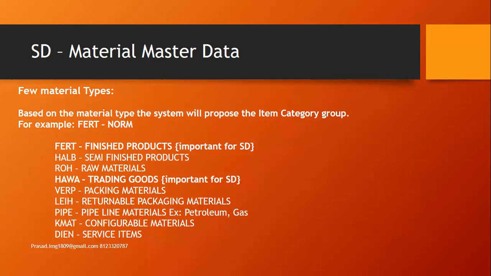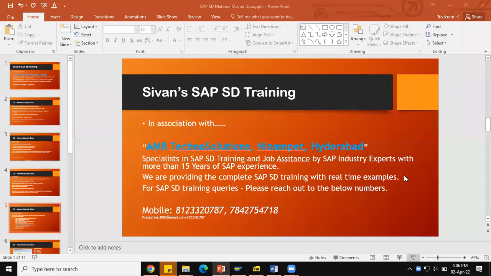So in the system, whatever material type you choose to create the material, for that particular material type the system will automatically propose the item category group. For example, if you choose to create a material with reference to the material type FERT, then NORM is the item category group, which is proposed automatically by the system. That we are going to see now in the system.